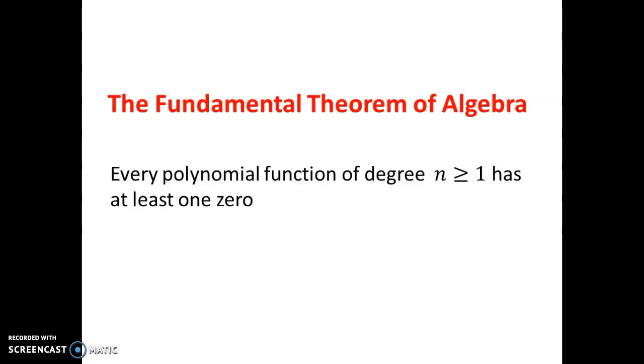Next we can look at the statement of the fundamental theorem of algebra. The fundamental theorem of algebra states that every polynomial function of degree n greater than or equal to 1 has at least one zero.